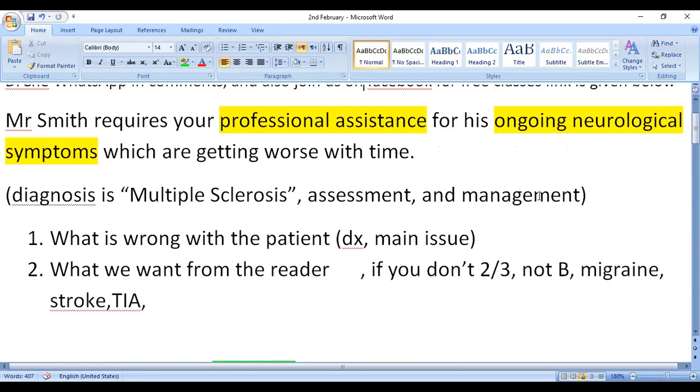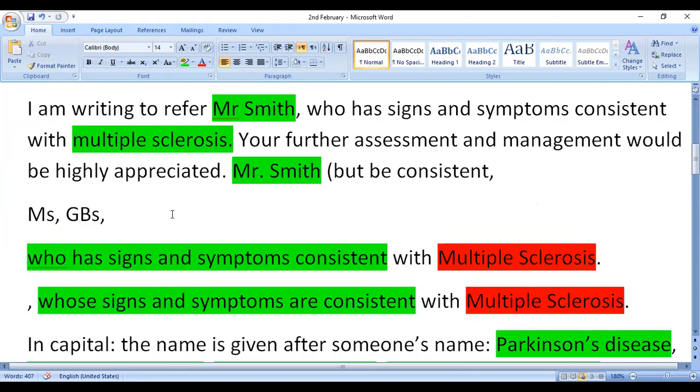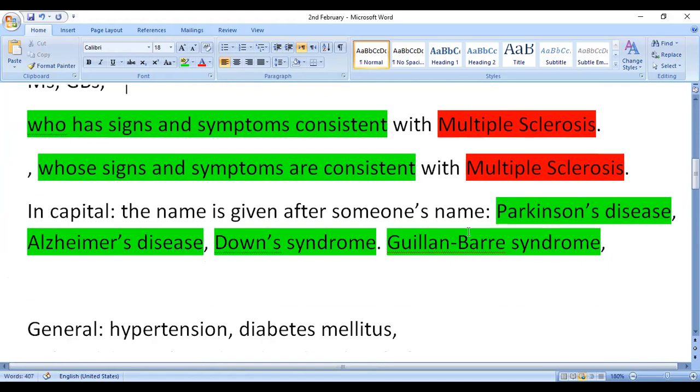So somebody asked me, can we use this one, multiple sclerosis? For multiple sclerosis, we can use the abbreviation MS. For Guillain-Barré syndrome, we can use the abbreviation GBS. When you write GBS, we need to write G capital, B capital, S capital.